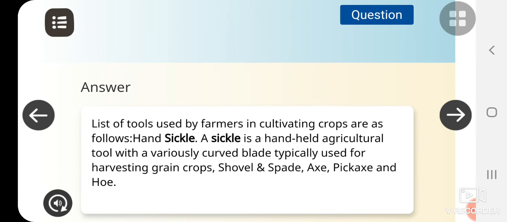List of tools used by farmers in cultivating crops are sickle, with a variously curved blade, typically used for harvesting grain crops, shovel and spade, axe, pickaxe, and hoe. These are the names of the tools used by the farmers. Here, children, we also use the term agricultural implements for these tools.